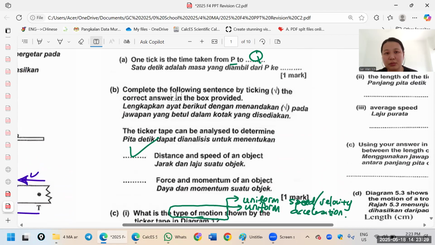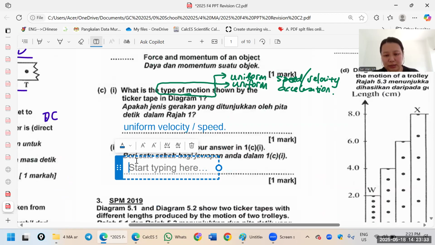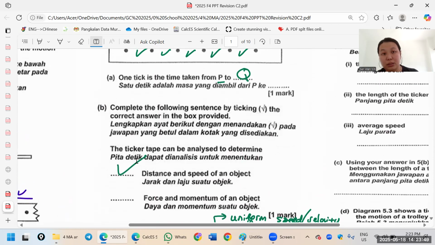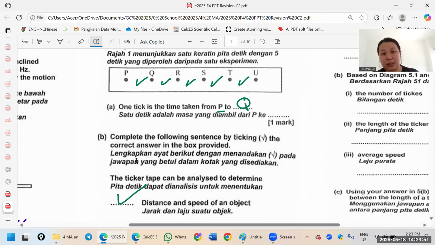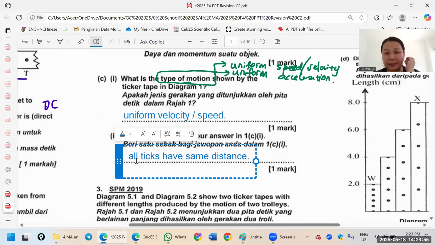Okay, give a reason for your answer. So you base it on the ticker tape. You say all ticks have the same distance. Or you say PQ is the same as QR and all the rest in length.